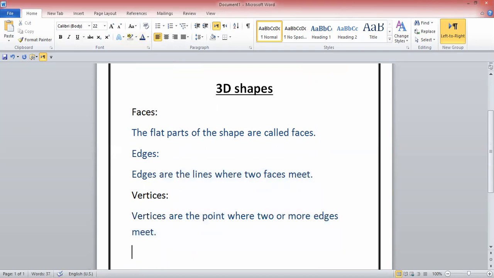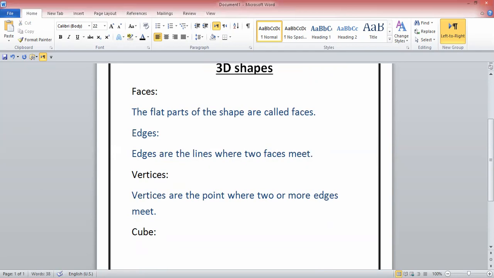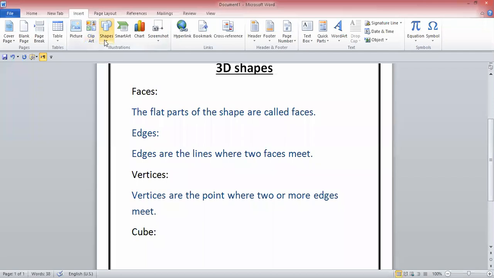After that, write the heading of cube. We will write about cube. Very good, Abdulaziz. You should draw a cube after this.